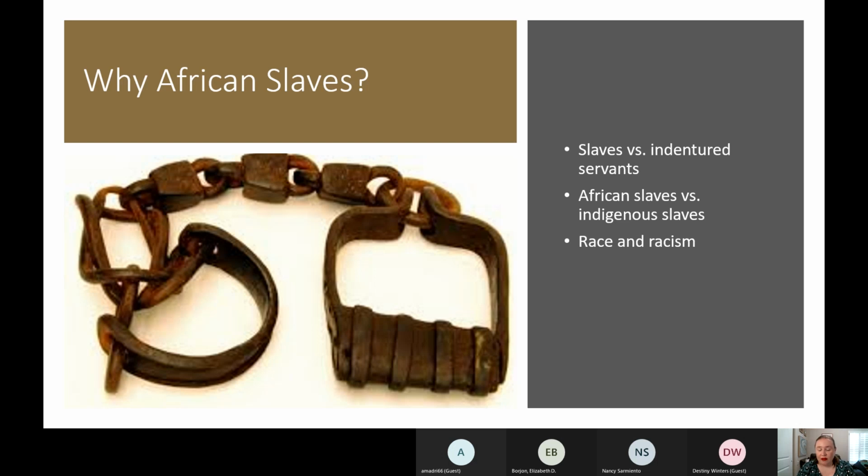There's also the fact that for Africans who are imported, many of them have skills that are seen as desirable by these American colonists.